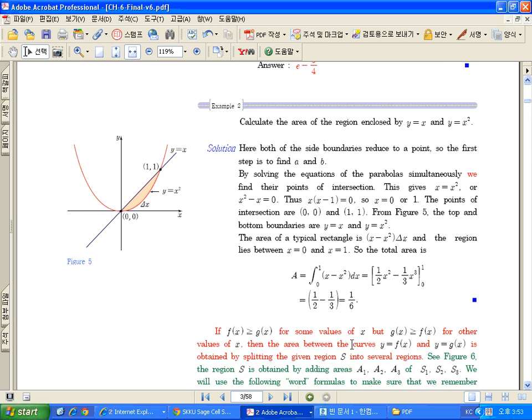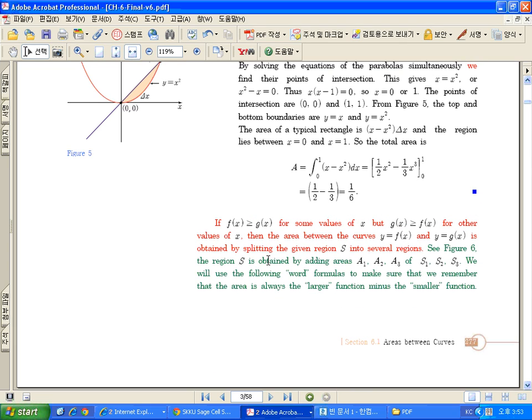So the best way is to draw those two graphs and find the intersecting points, and then we just integrate from 0 to 1 of x minus x squared dx. All this can be done if we can draw the proper graph without much difficulty.